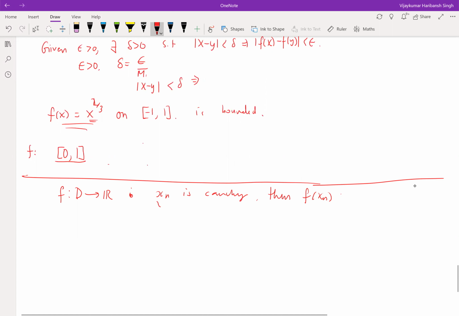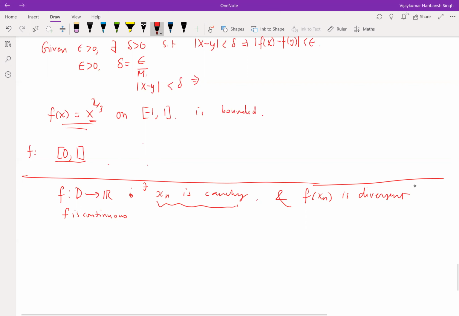So f is continuous, xn is Cauchy, and yet f of xn is divergent.